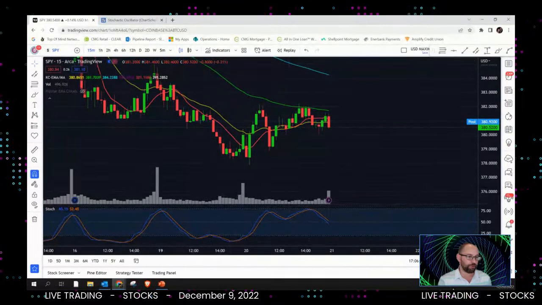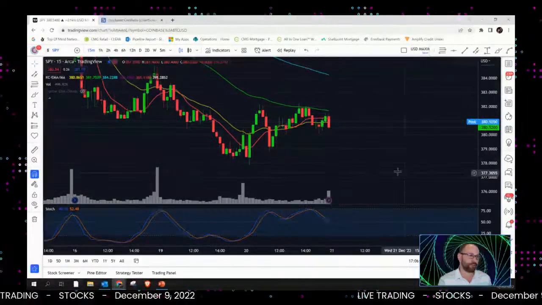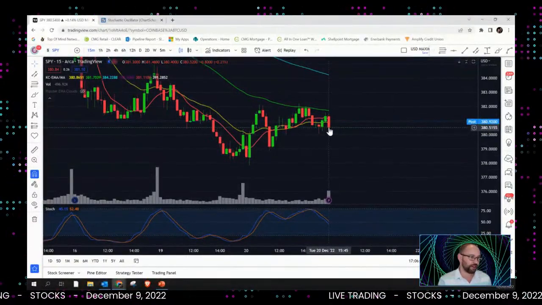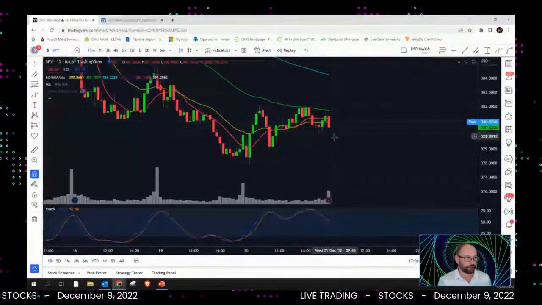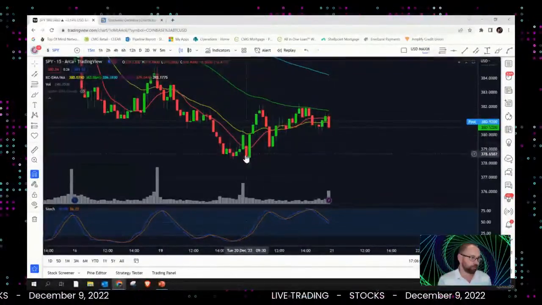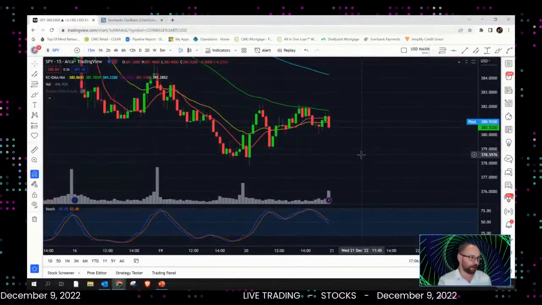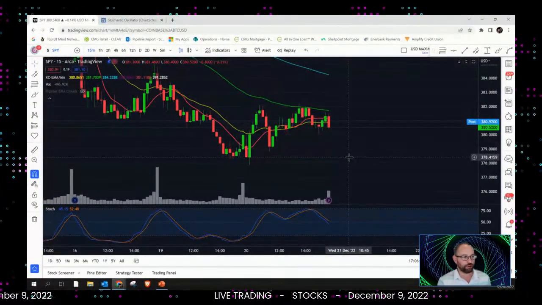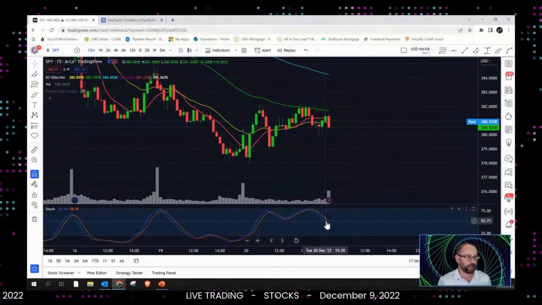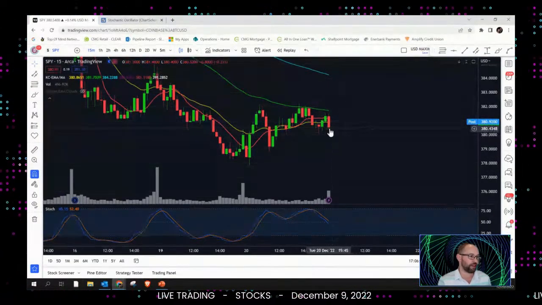At this time, 3 o'clock. So this is already closed for the day, but I would expect a little more follow through and it maybe come back down and retest this bottom here. If you're bullish, hope for a double bottom, but it'll probably line up with when these Stochs come down here.